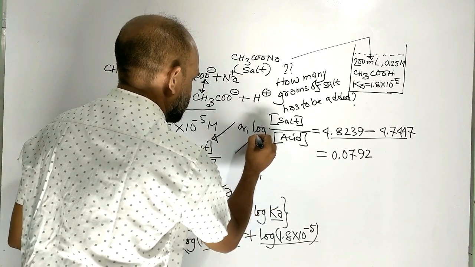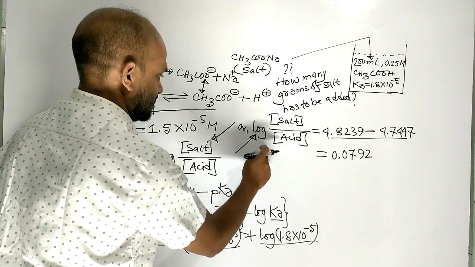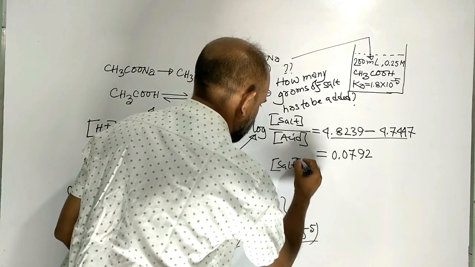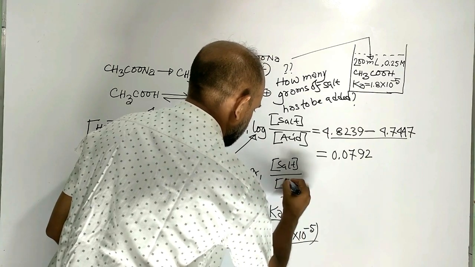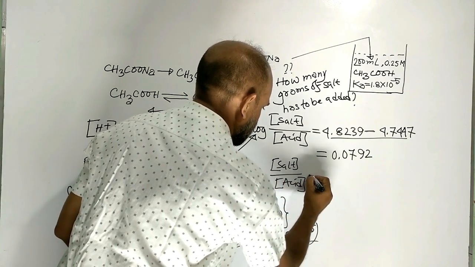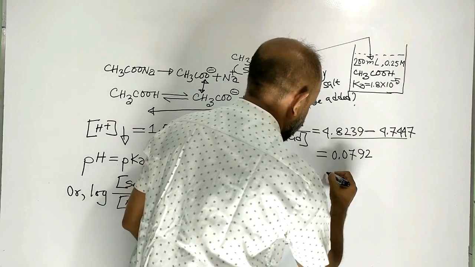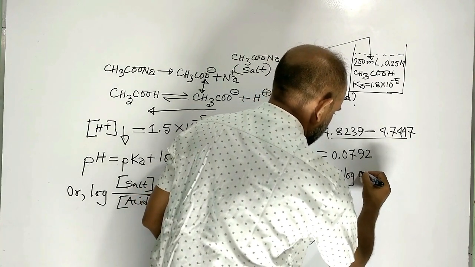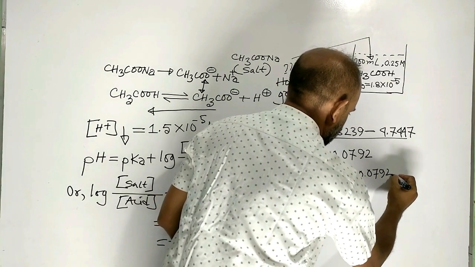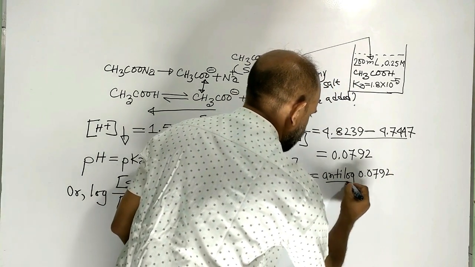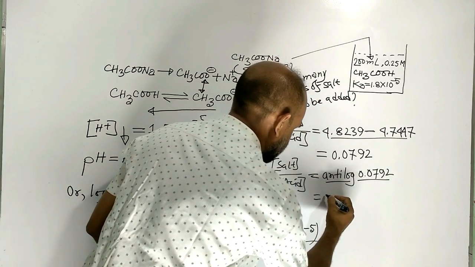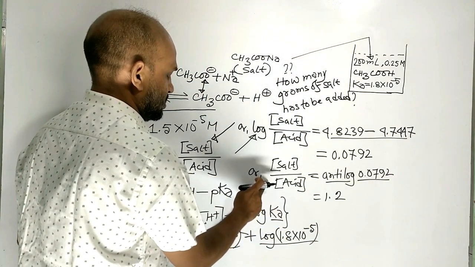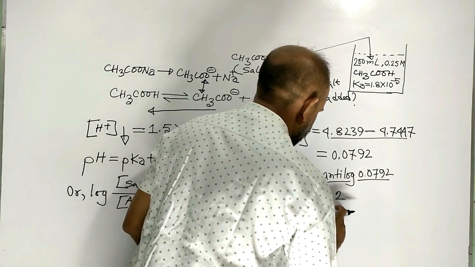Or this log is removed from the left side, then we get concentration of salt divided by concentration of acid. On the right side we will get antilog of 0.0792, antilog this equals 1.2.